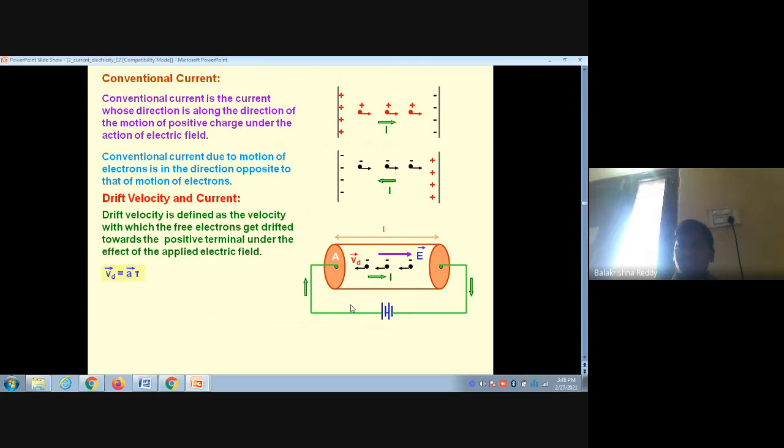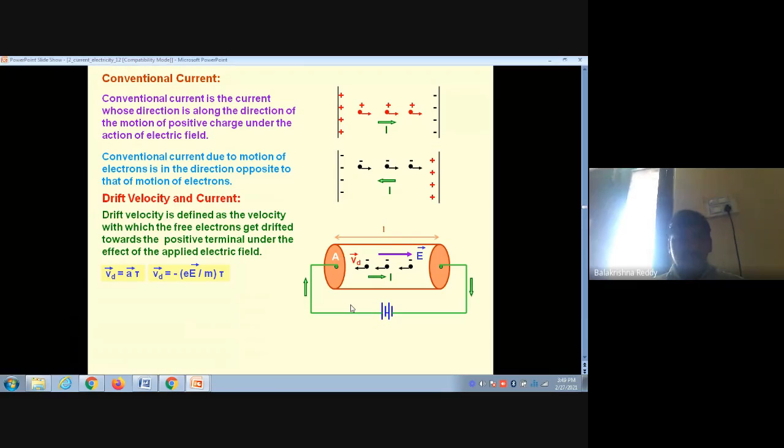So it can be written in terms of acceleration as Vd equal to a into t. Here a is the acceleration of the electron due to application of the electric force. That can be written as minus small e into capital E by m into t.